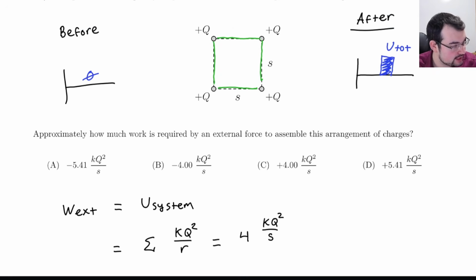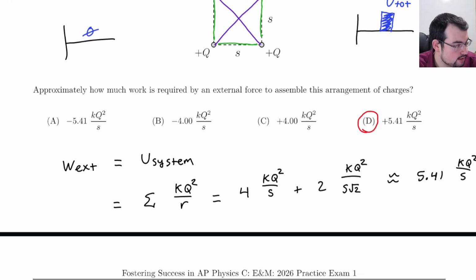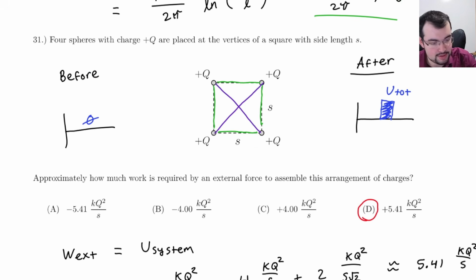So I have 4 vertex pairs, and then I also can't forget the diagonals. And those aren't S apart. Those are slightly more than S because it's a Pythagorean. So it's S root 2. And this number, 2 divided by square root 2, that is also square root 2. So it's 4 plus 1.4, which is approximately 5.41 KQ squared over S. I believe I ranked this 2-star because I thought we could get tripped up on the sign.